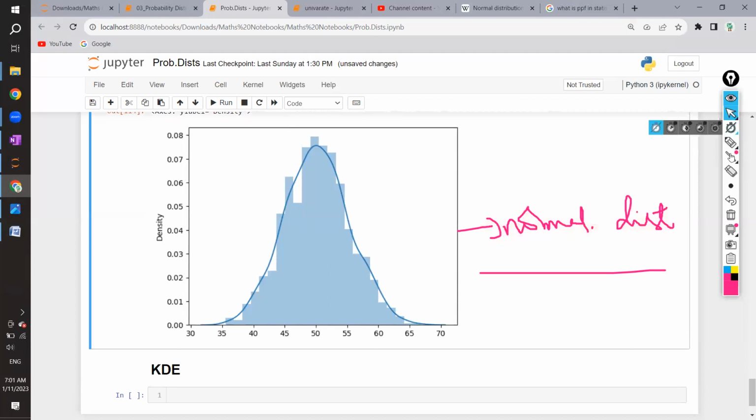As you can see, seaborn will also give you the graph. If you just pass the sample, it will tell you the distribution it is falling into. By this graph also you can clearly see that it is almost following a normal distribution.